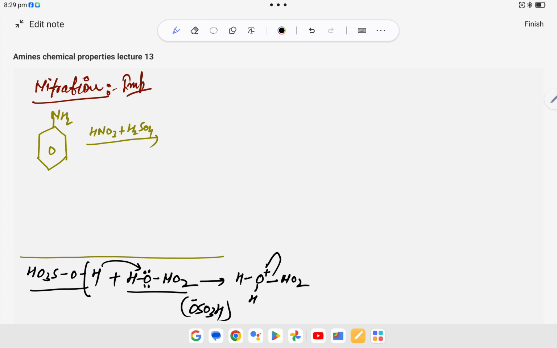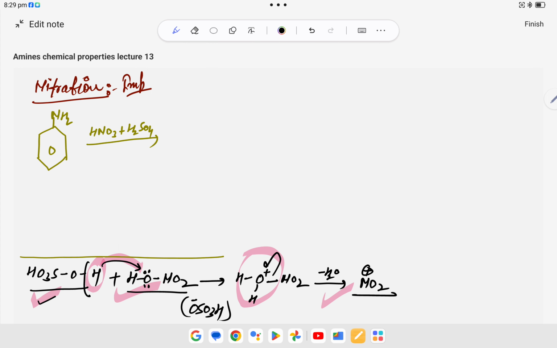Then the positive charge is removed by dropping H2O. Water is released and the nitronium ion is generated. Once again: sulfuric acid, HNO3, the acidic hydrogen approaches the lone pair, positive charge on oxygen, electrons shift, water is removed, and NO2 plus is generated. But this is not a special thing.